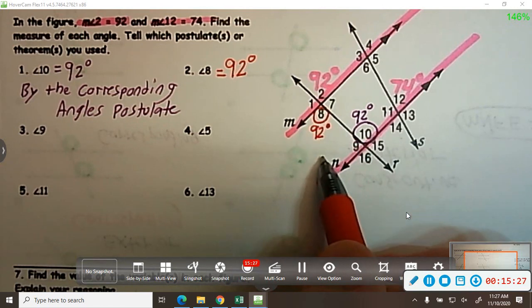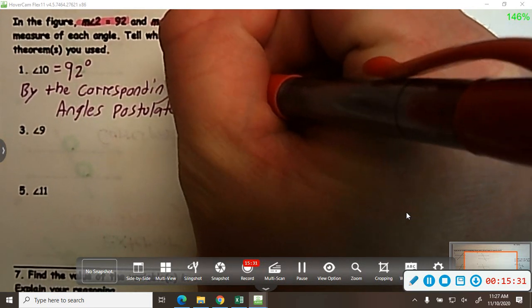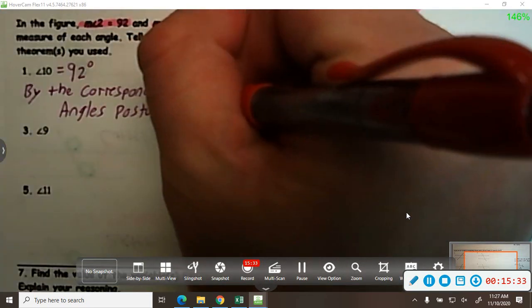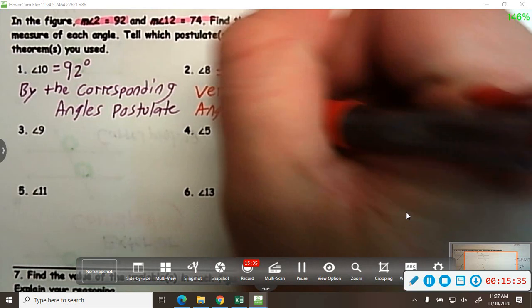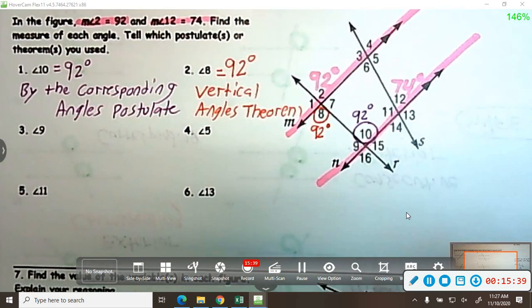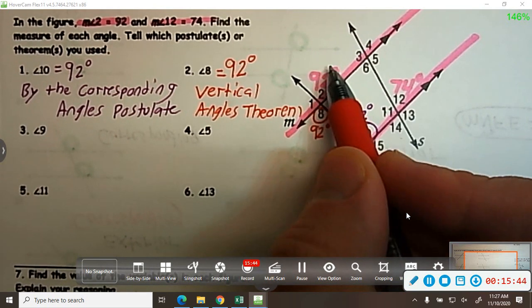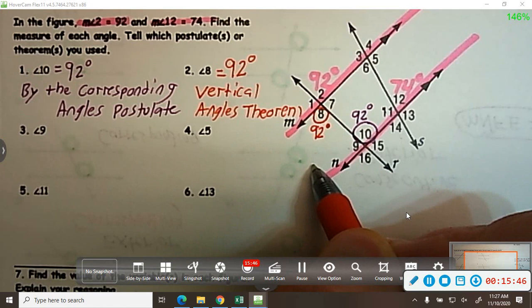I'm just going to use the vertical angles theorem. I know that angle 2 equals angle 8 by vertical angles.